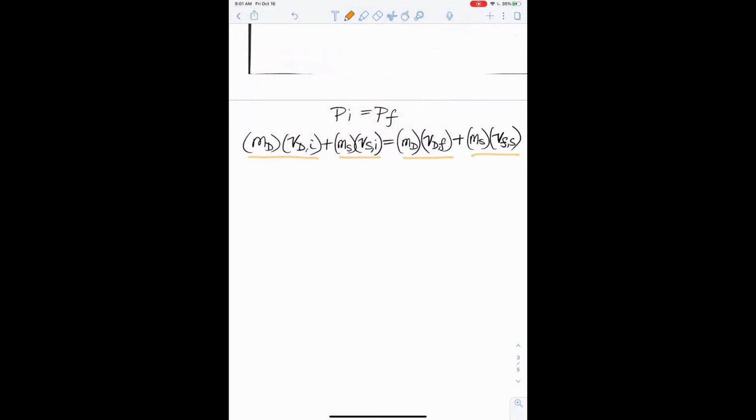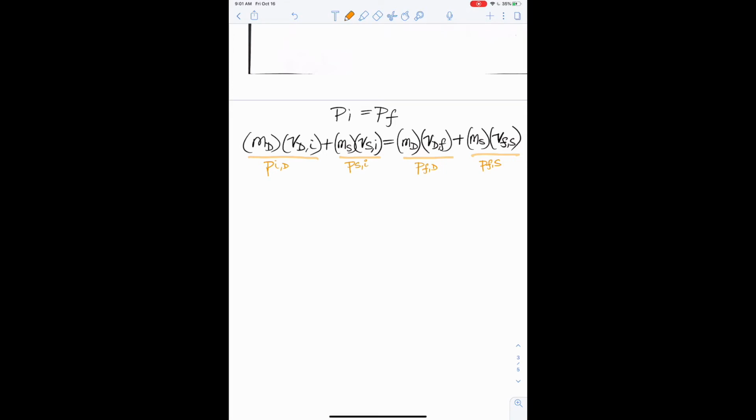So I'll write that this is the momentum of David initial plus the momentum of Sandra initial equals the momentum final of David plus the momentum final of Sandra. There are a couple of ways to write it.